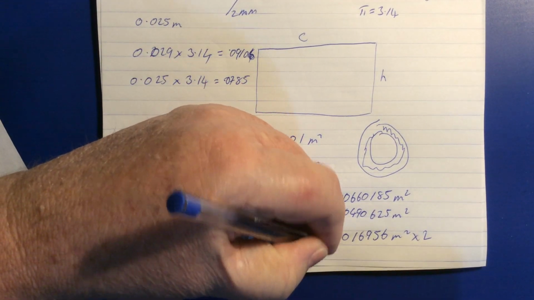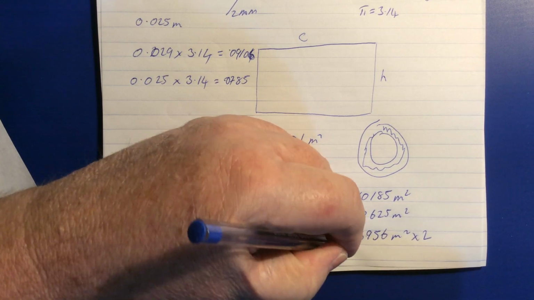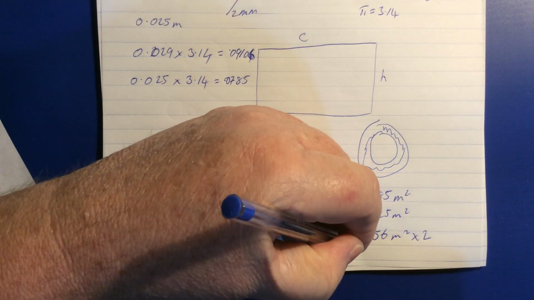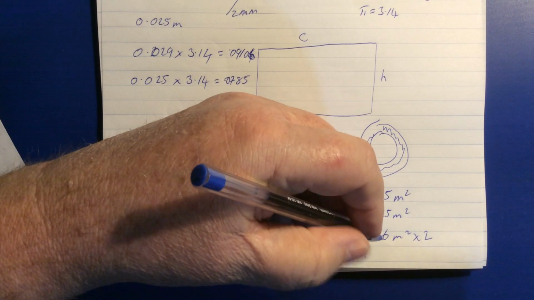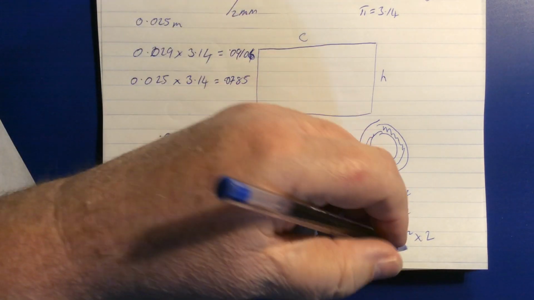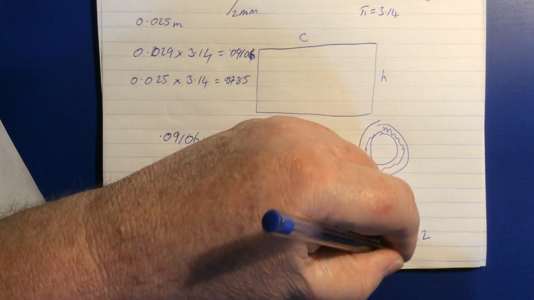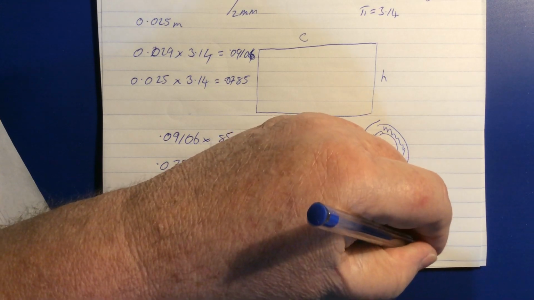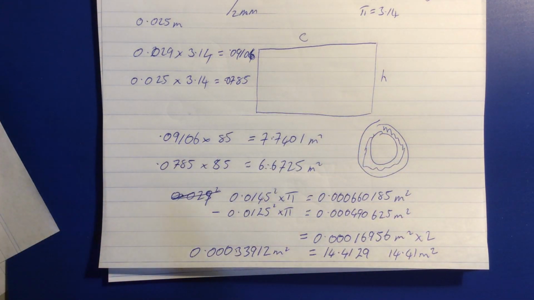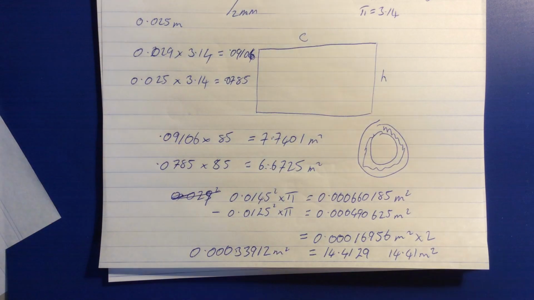It is 14.4129, we'll say, so 14.41 meters squared. That is the total surface area of an 85 meter pipe with an internal diameter of 25 millimeters and an external diameter of 29 millimeters.